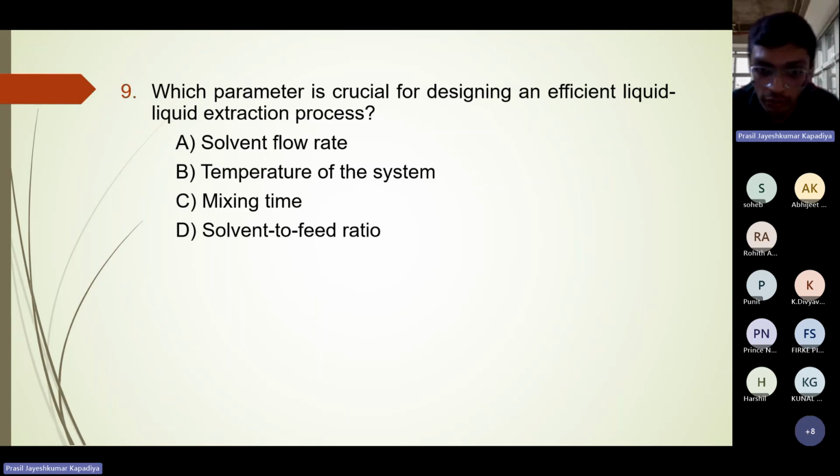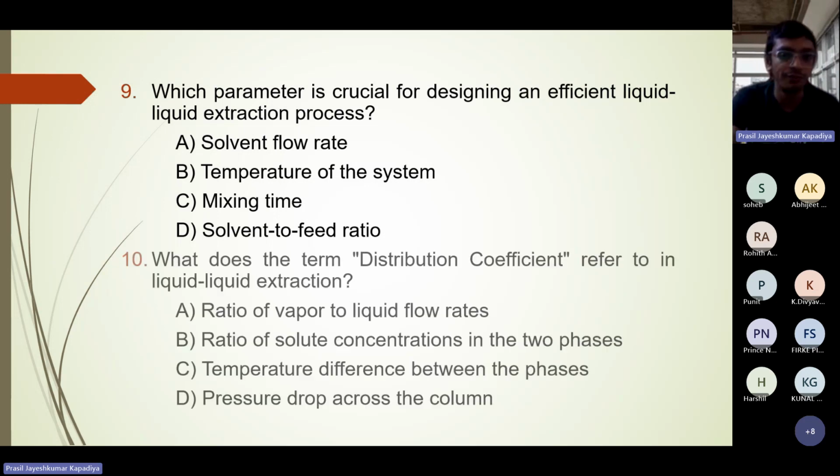It will depend on both feed and solvent flow rate because we are extracting something from feed using solvent. This is how we write the material balance: F·xF plus S·yS is equal to E plus R. So it depends on both feed flow rate and solvent flow rate. So solvent to feed ratio.